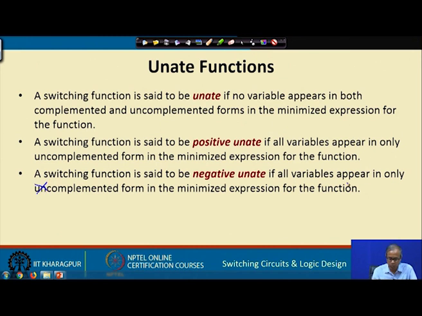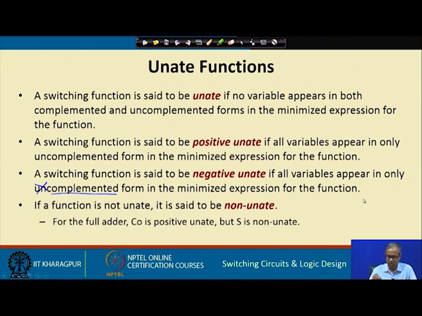So, if it appears only in complemented form, then it is called negative unate, right, and if it is not unate, then it is called non-unate. So, for the full adder function, the carry is positive unate, you can check a b or b c or c a, but for sum the variables appear in both complemented and uncomplemented form, that will be non-unate.